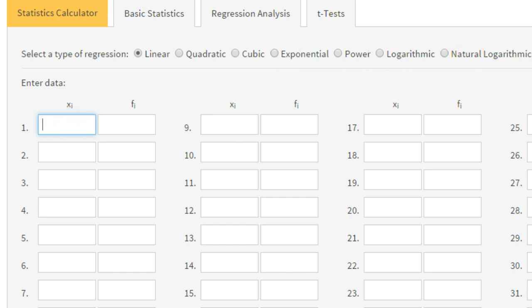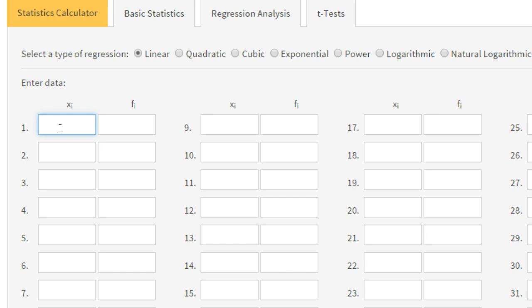Now what you're going to do is put in your data. So let's get some data sets. Let's take a look at it. I'm looking at example 2, and it is the years since 1900, the population of the world in billions for select years during the 1900s.